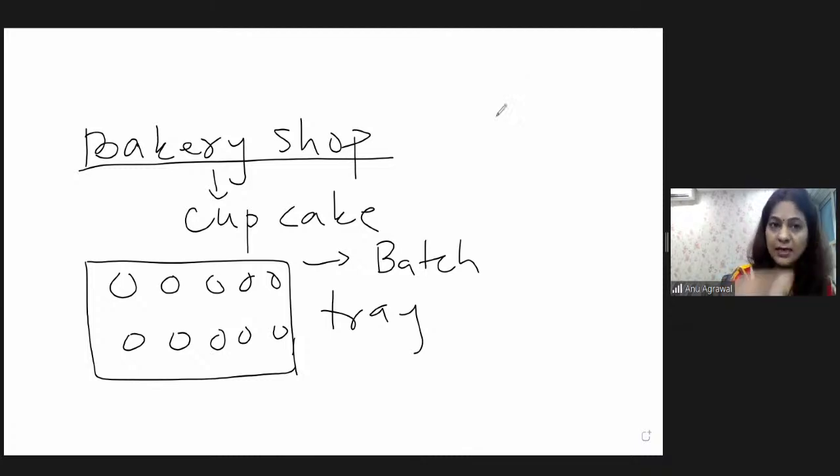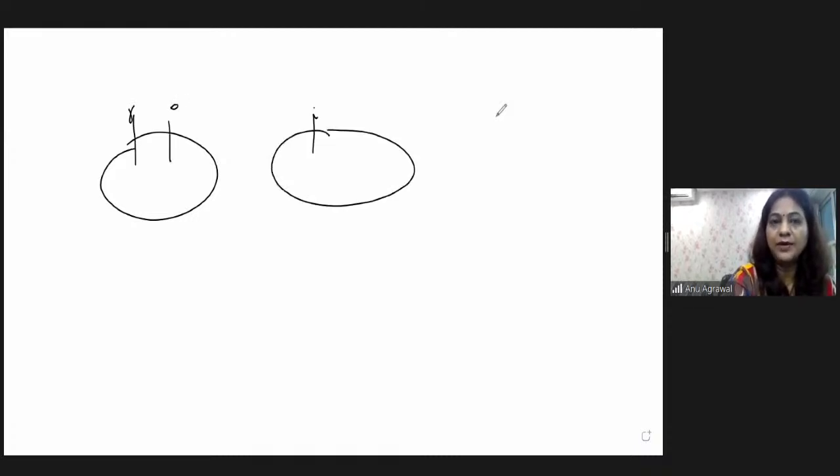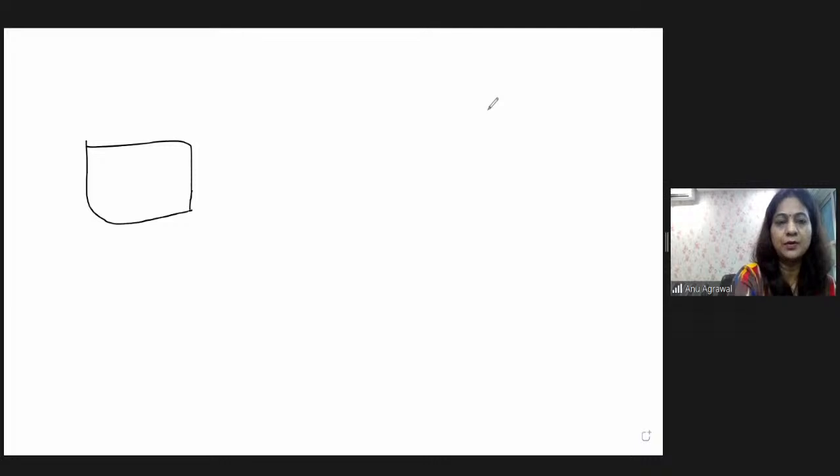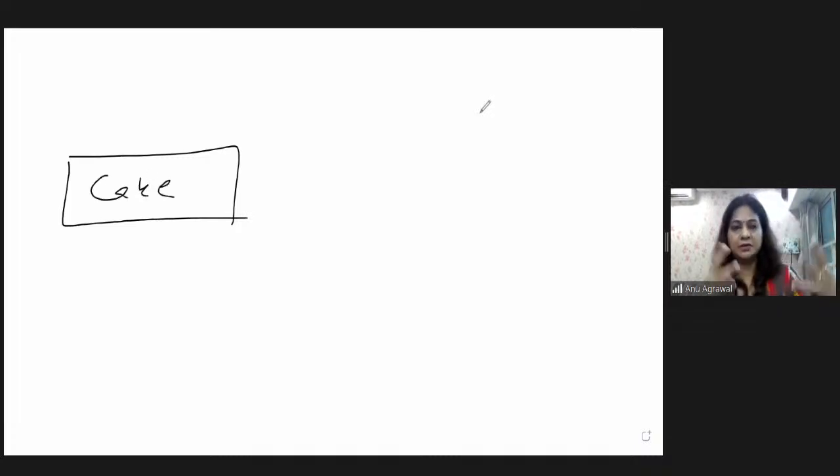Now, I am the bakery shop, but I am making cake. Every cake is different. I'm very bad at drawing. Let's say this is a rectangle-shaped cake, with a football ground on it.